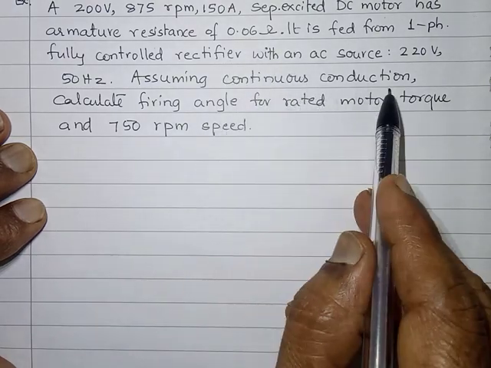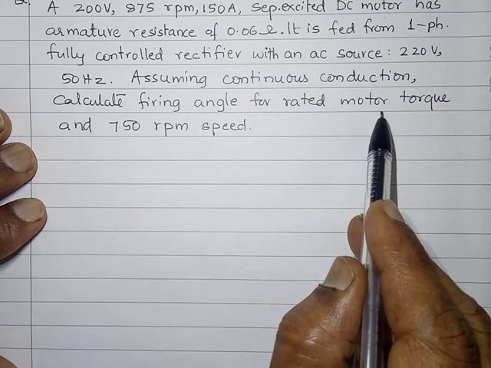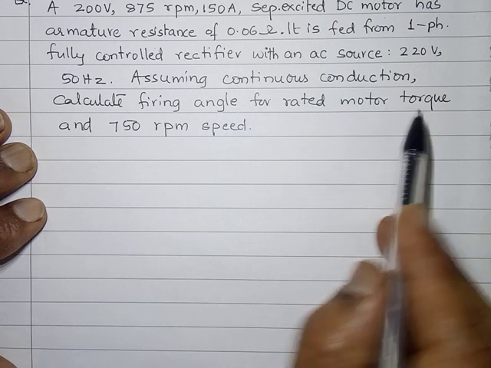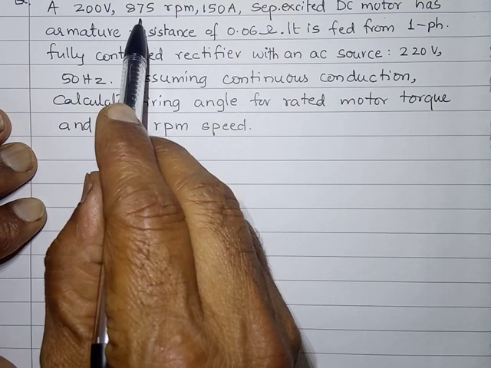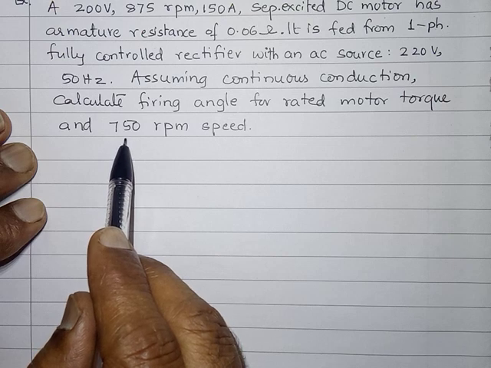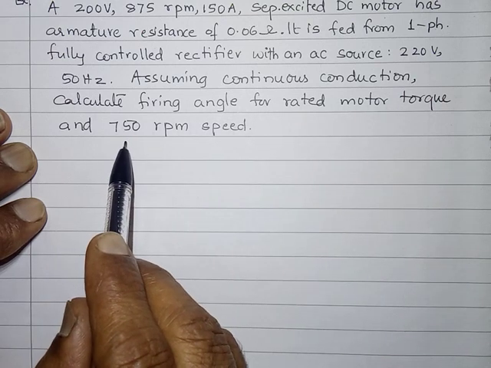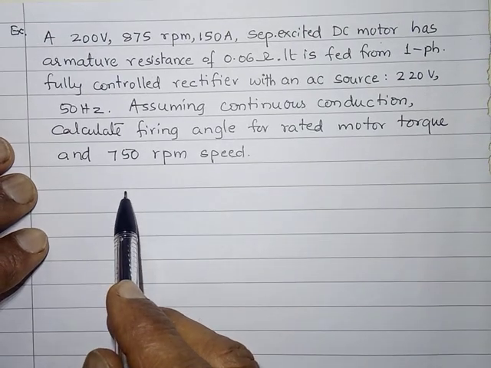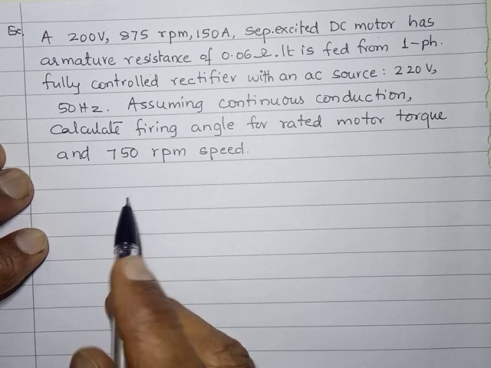Assuming continuous conduction, calculate the firing angle for the same torque as the rated torque, but at speed 750 rpm. For the rated speed it is 875. Now the speed is to be 750. With the same torque, to reduce the speed to 750, what is to be the value of alpha, the firing angle? That's what is being asked.